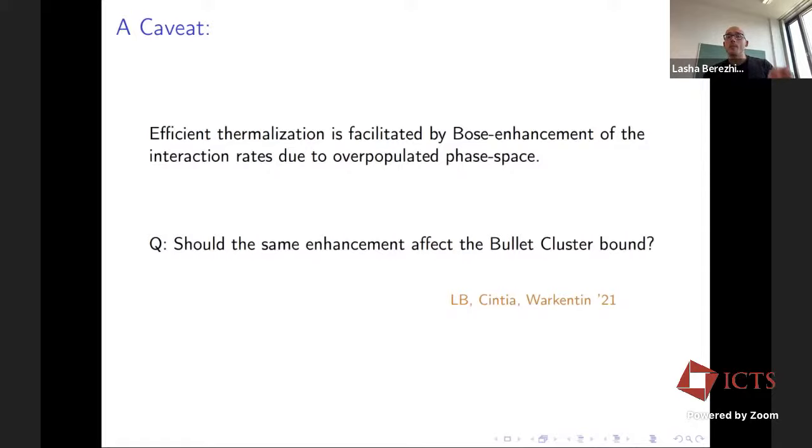However, then this raises a question whether we should use the same enhancement factor in the bullet cluster bound. So on the one hand, we need to boost the interactions in this limit of overpopulated phase space with the high Bose enhancement factor. However, then the question is, when we consider the bullet cluster, is the bullet cluster interaction also boosted by the same factor, which was not taken into account before.